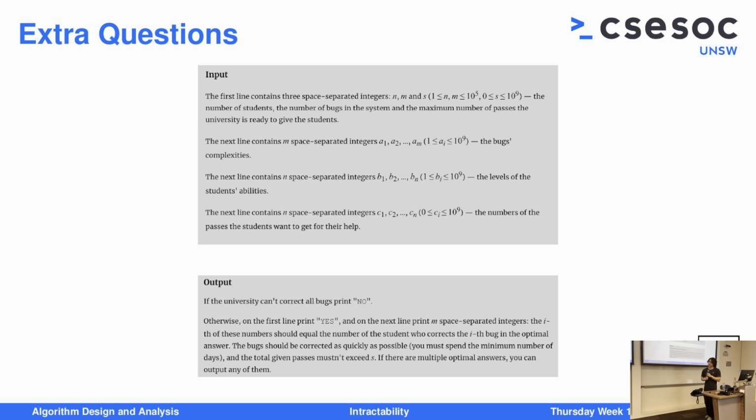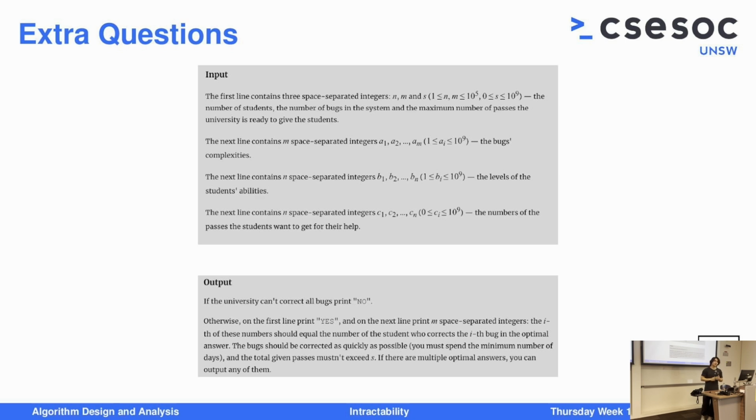I binary search on the number of days instead of optimizing for it. For each number of days, I ask, can I solve the problem in this number of days? If I can, I know to binary search down to lower days. Each time I give every best person that number of days' worth of bugs, and so on, from the highest ability person to the lowest ability person. Does that make sense?